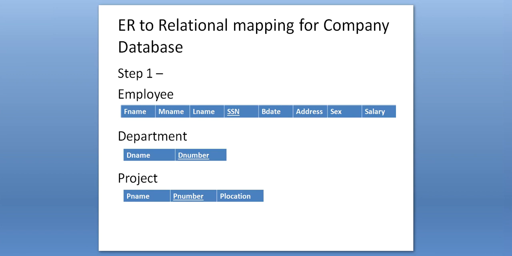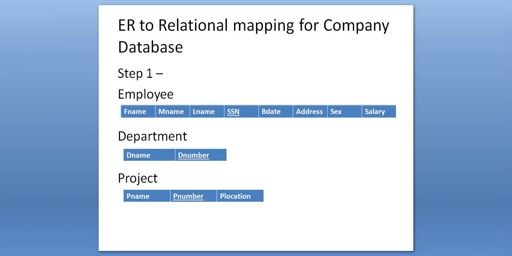For the employee relation, I'm going to have the attributes which are there in the ER model for the employee entity type. So all those attributes like SSN, birth date, address, salary, and sex will come here, and also the simple components of the composite attribute name. There is a composite attribute name for the employee entity type in the ER diagram, isn't it?